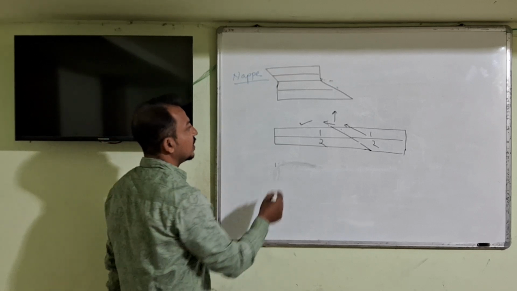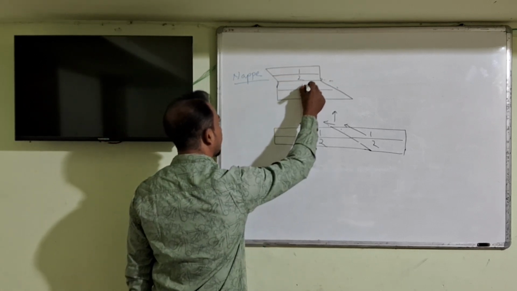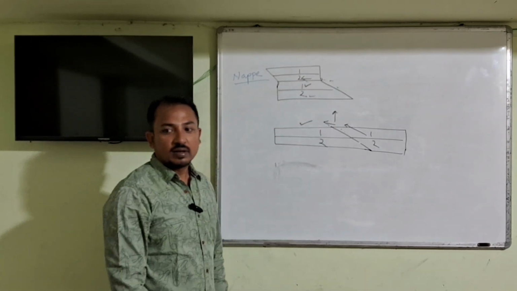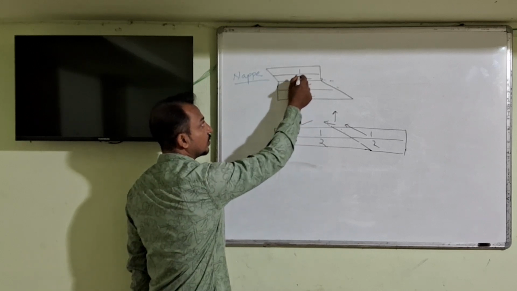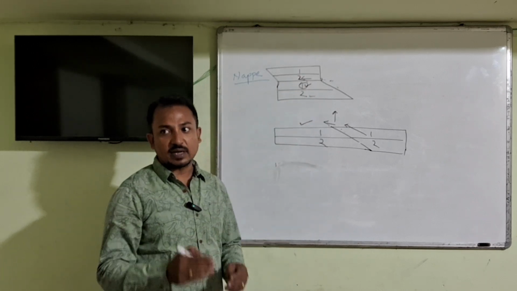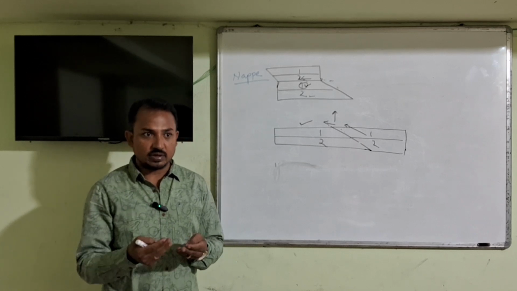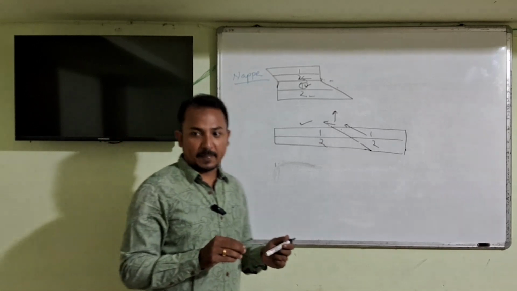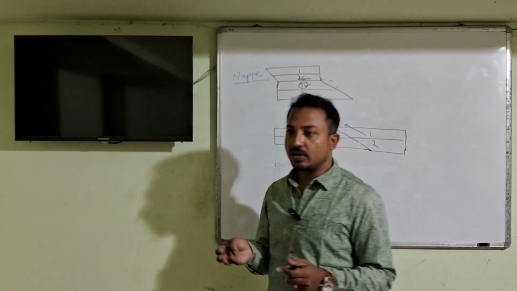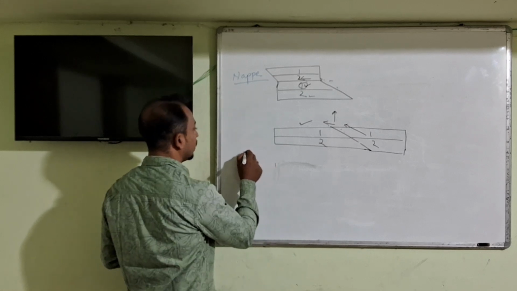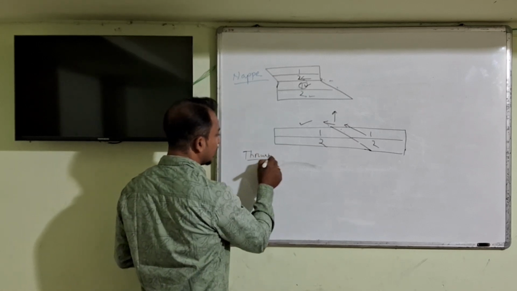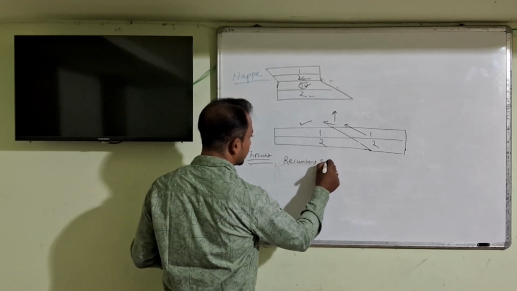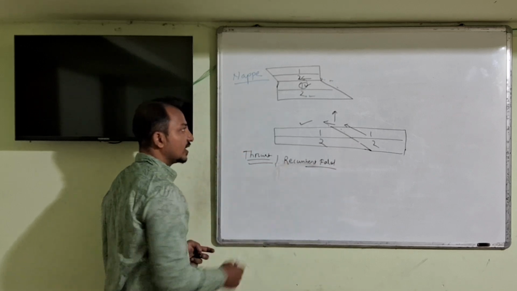It is a reverse fault, where you get this condition where a lower bed, that is bed 2, is moving over the upper bed. That means in nappe, any type of structure where the lower bed slides over an upper bed will be considered as your nappe. The examples are thrust or reverse fault, and recumbent fold. So recumbent fold and thrust are examples of nappe.